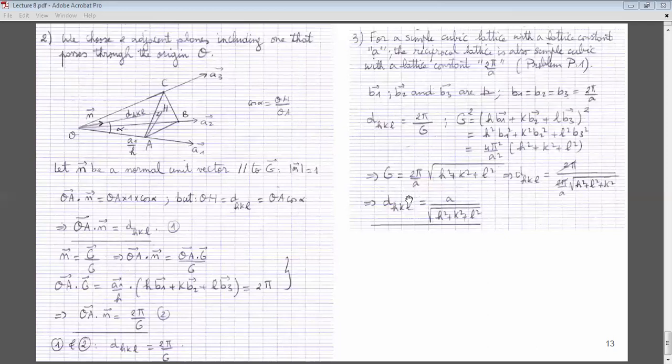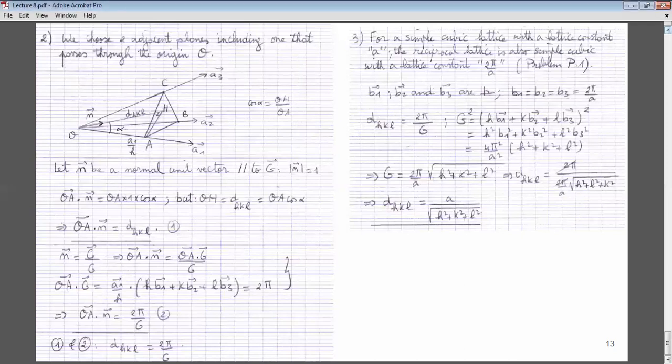Now |G| is 2 pi over a times the square root of H square plus K square plus L square, so this distance, which is 2 pi over |G|, is 2 pi over that. The 2 pi cancels, and the distance between two successive planes becomes a over the square root of H square plus K square plus L square. This is a very important identity.